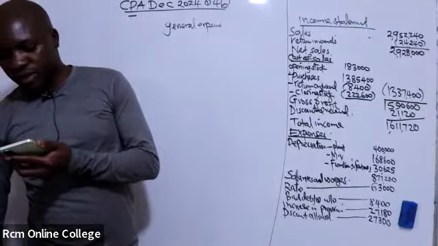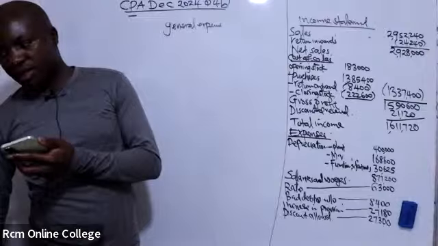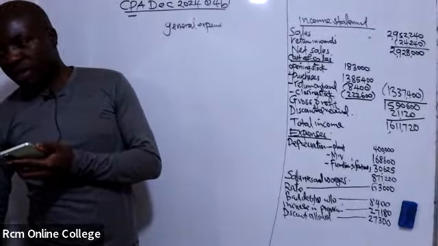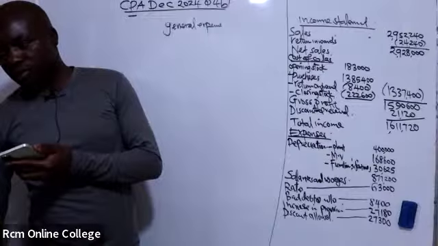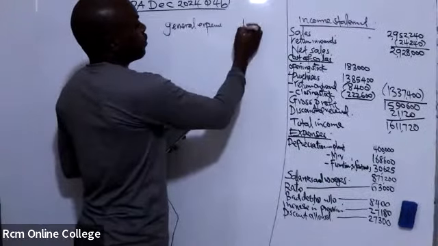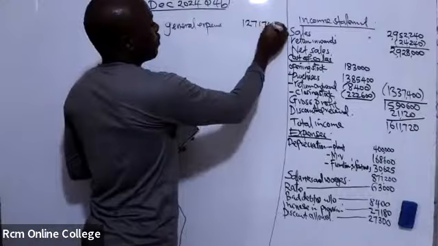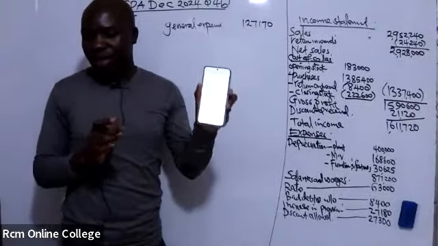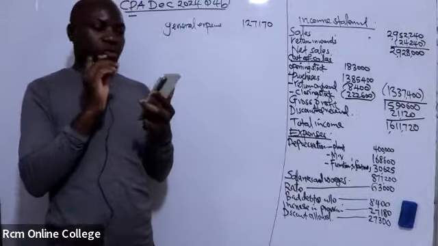Electricity bill is 5370. Yes. So can you take 5370 plus 121,800? 5370 plus 121,800, 127,170. Thank you.